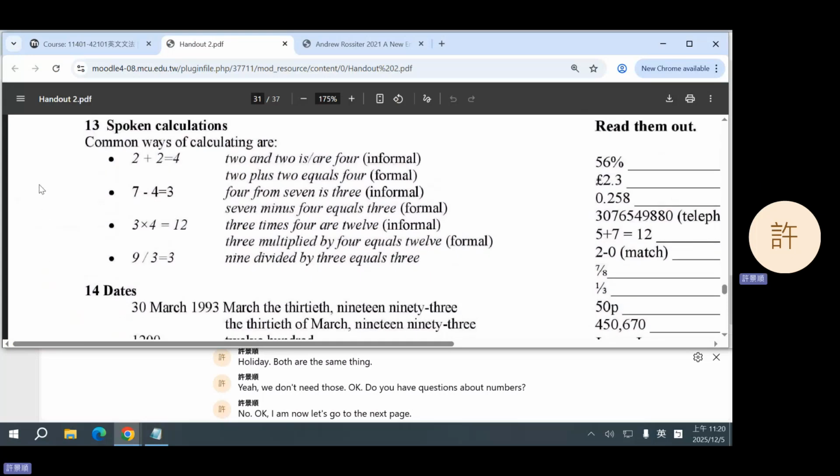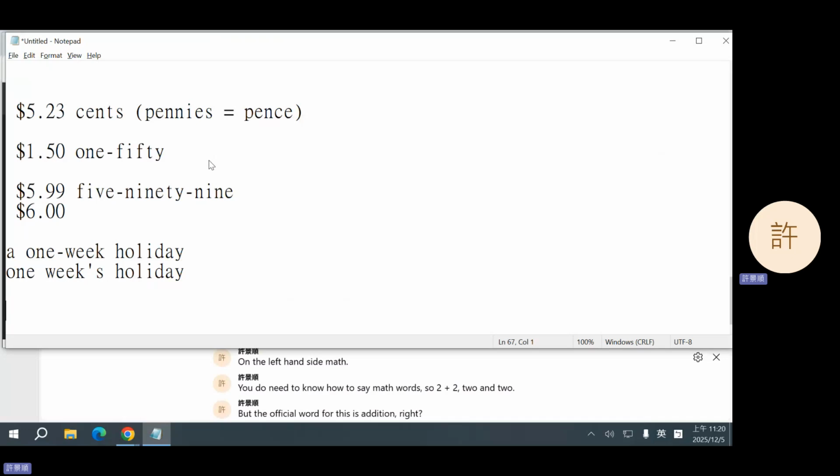On the left-hand side, math. You do need to know how to say math words. So 2 plus 2, 2 and 2. But the official word for this is addition, right? So where is this?